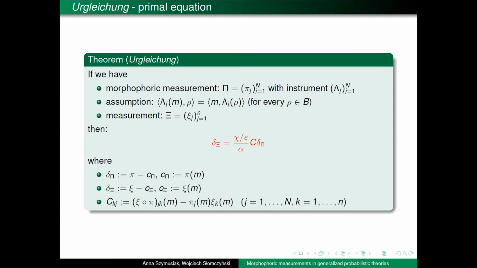Can you please give an example of where we find such a space in nature? Or I mean, do we have any physical processes where we find it? You mean of GPTs or morphophoric measurements? Of GPT. Quantum mechanics is the first example.